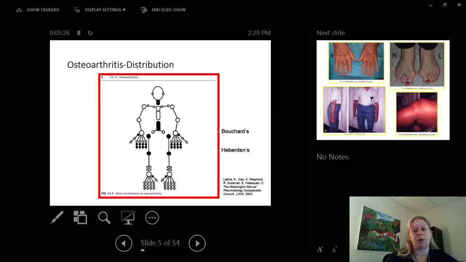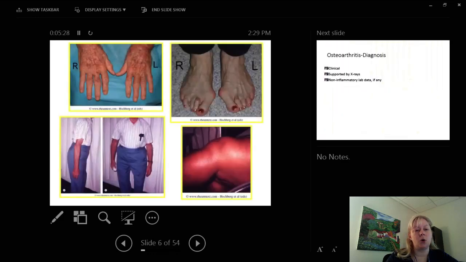And that brings up the Bouchard's and Heberden's nodes. So if you look here at some pictures of arthritis symptoms, these are osteoarthritis.